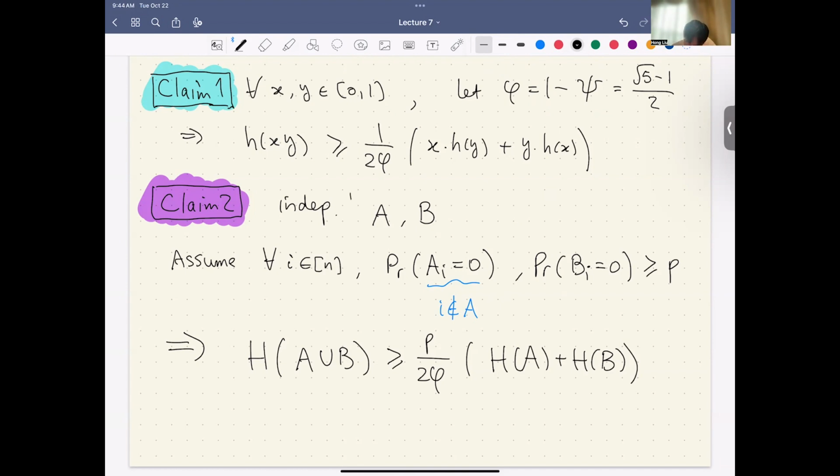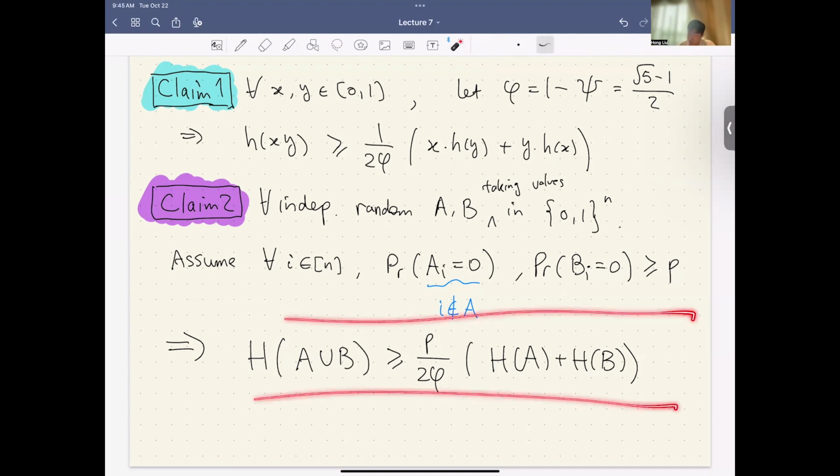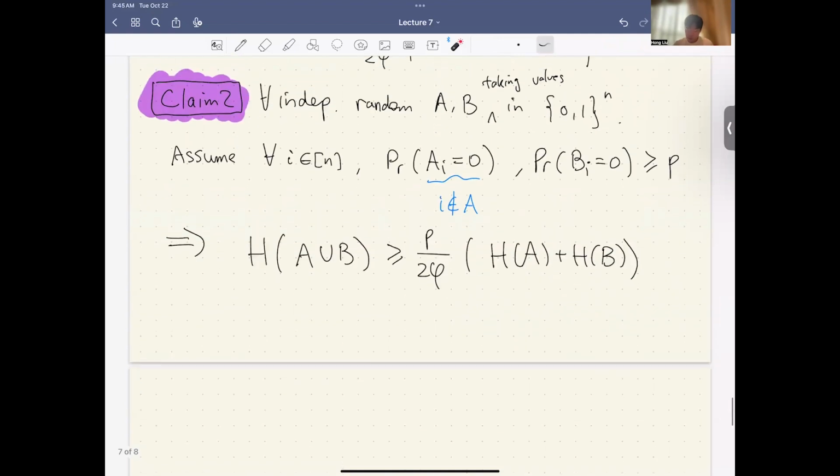So, independent, take any two independent random A, B taking values in {0,1}^n. Assume this is true, then we have this, right? This is the claim.